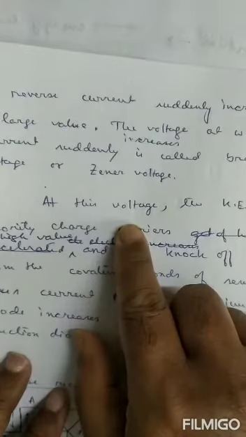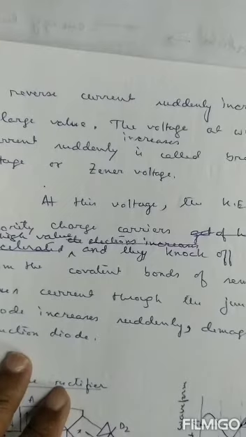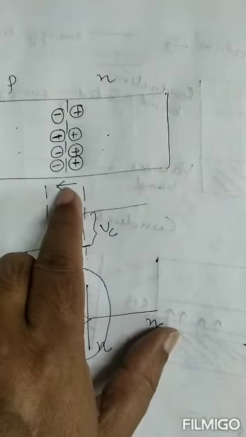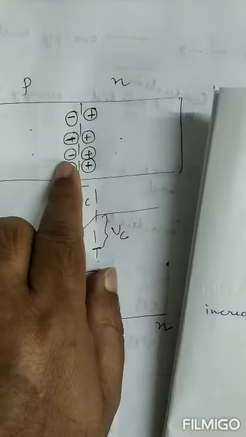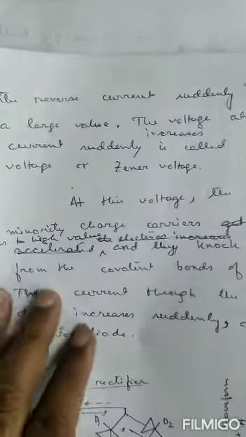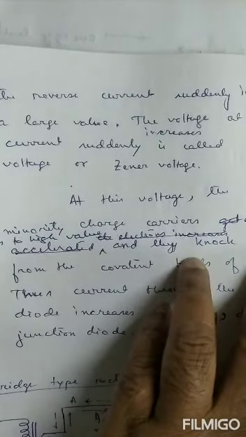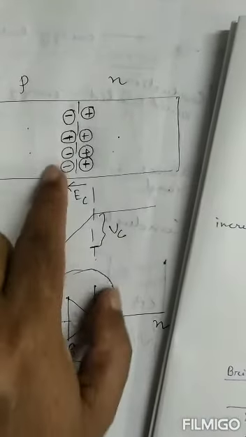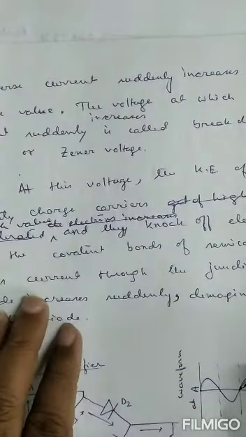That means at Zener voltage or breakdown voltage, since the electric field becomes very high at the contact of the two crystals, due to this high electric field, the kinetic energy of the minority charge carriers, that is electrons, on the p side of the crystal increases to a very high value, and these highly accelerated electrons collide more frequently with the atoms on the p side of the crystal and knock off electrons from the covalent bonds of the semiconductor.